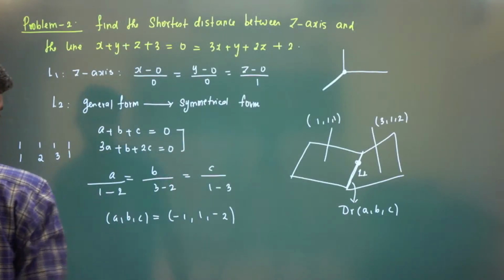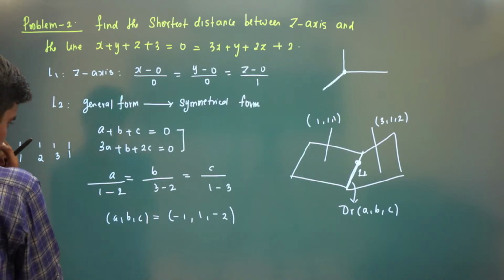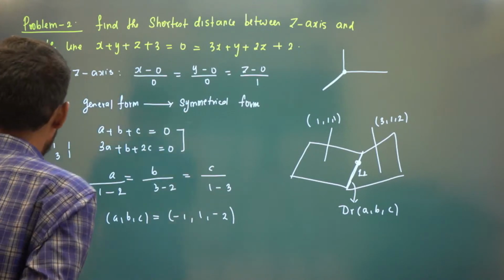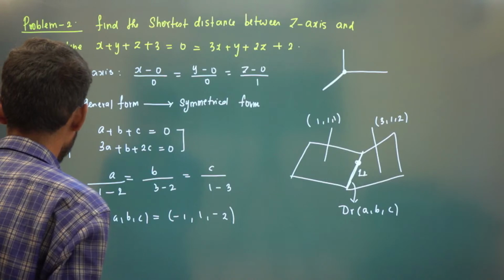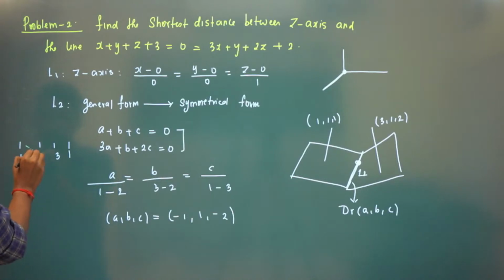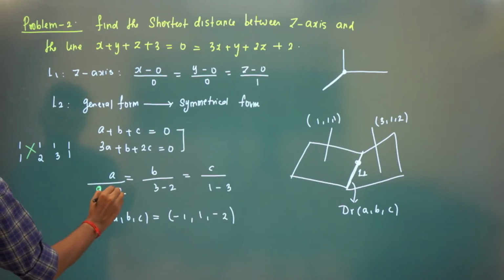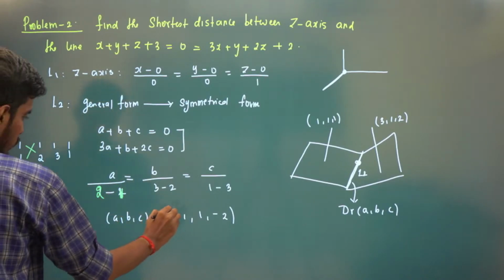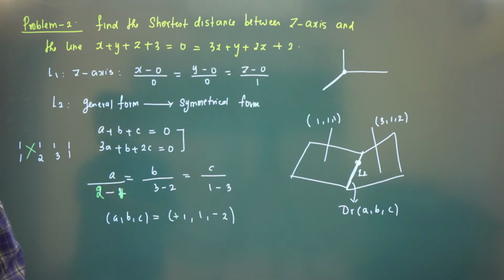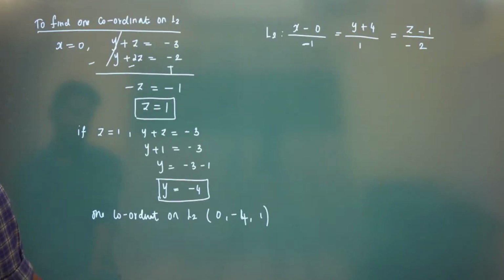Oh sorry, it is 2 minus 1, so it is plus 1. So 1, 1, minus 2 is the direction ratio.